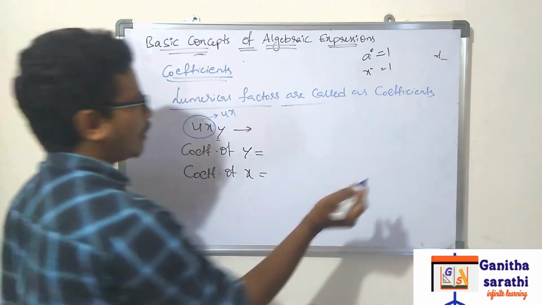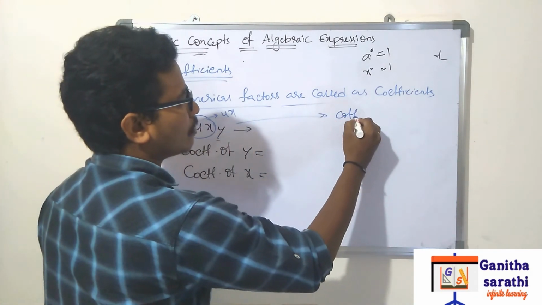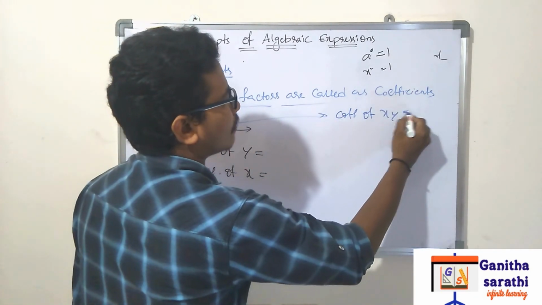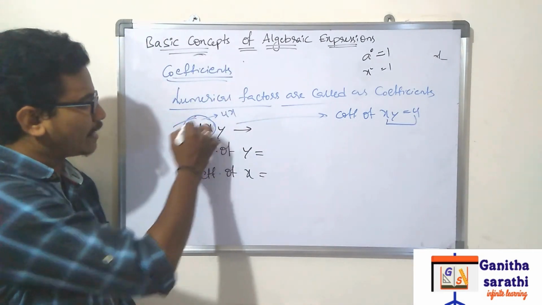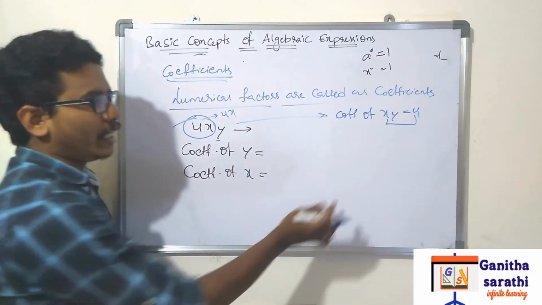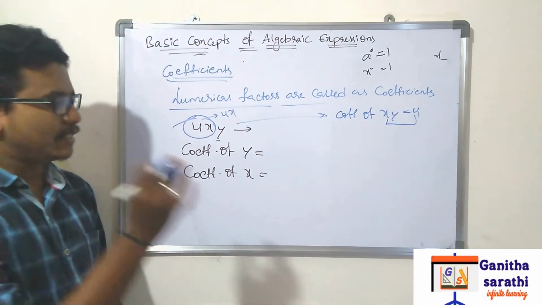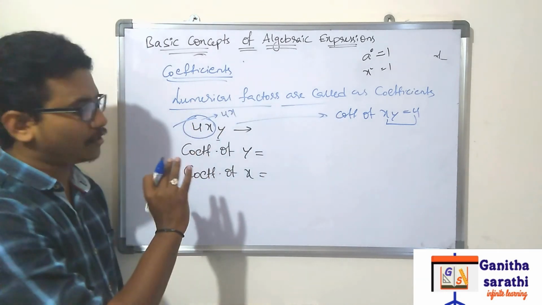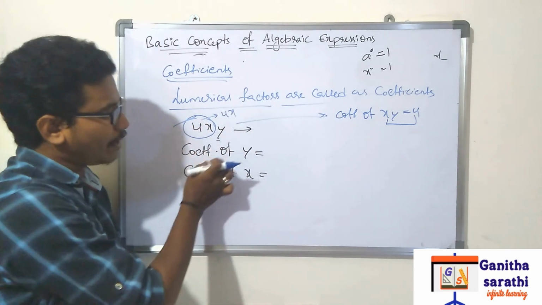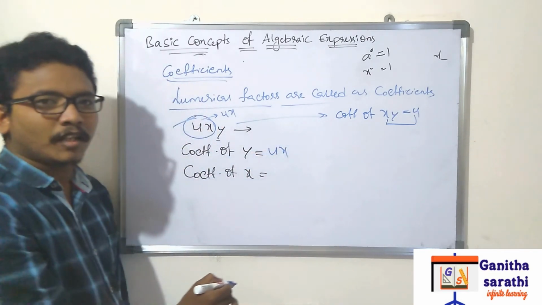In the previous example, the coefficient of xy is 4. If you multiply these two, 4 into xy, you will get 4xy. In the same way, for each and every coefficient we should get the same concept. So the coefficient of y is 4x. Why 4x?